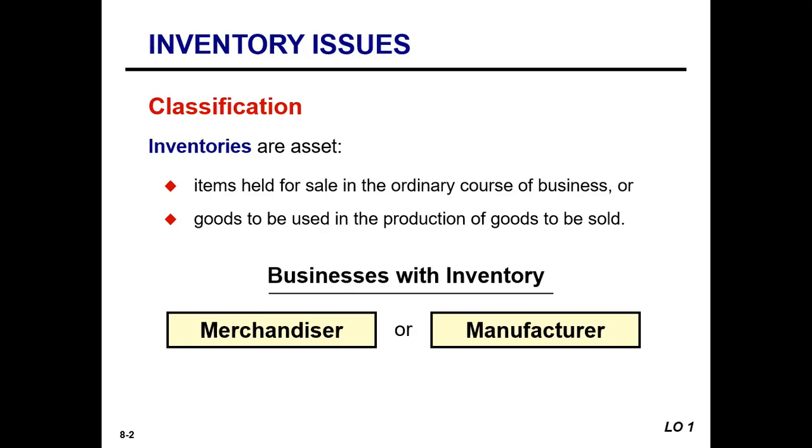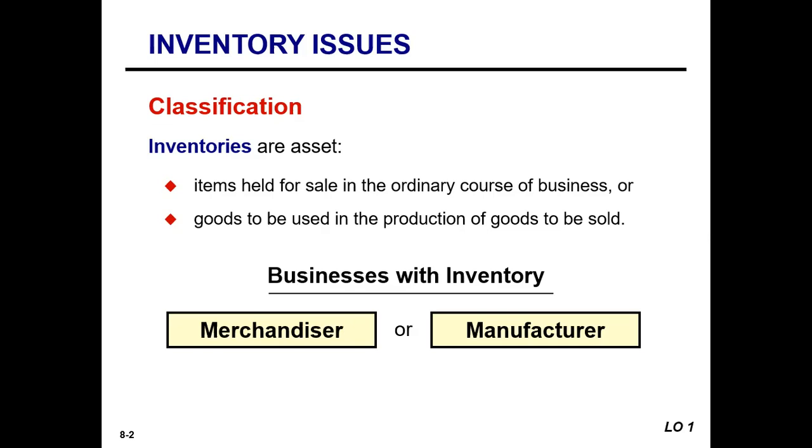That's a merchandising company like a Walmart, a Target, a Walgreens, any of those organizations that buy goods or products directly from the manufacturer or from the distributor, and then sell those goods or products to the final consumer, you or I, the customer. And so they usually have just one main inventory account, as we'll see, merchandise inventory.